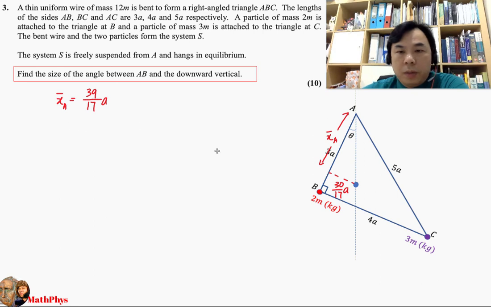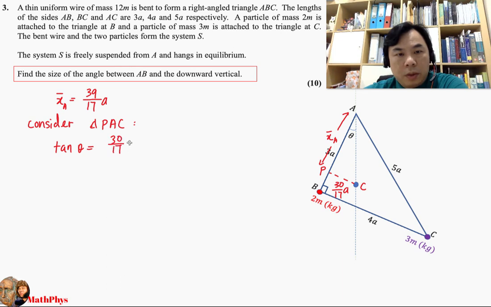By considering this triangle PAC again, we can apply simple trigonometry, tangent, which is given by 30 over 17a over 39 over 17a, which can be reduced to 10 over 13.